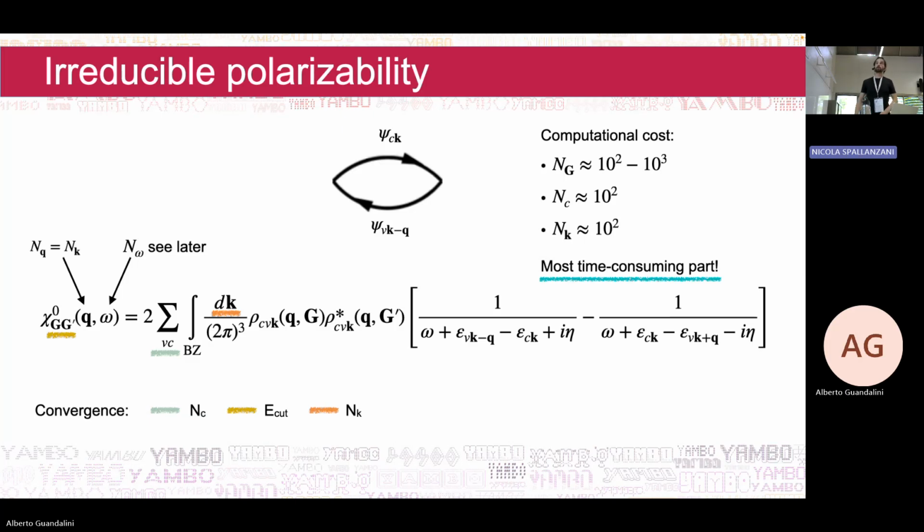Thus, in the next lecture, the lecture on Advanced Algorithms, it will explain how to try to reduce the number of calculations of the reducible polarizability, thus the screened interaction, to the fewest number of points possible.